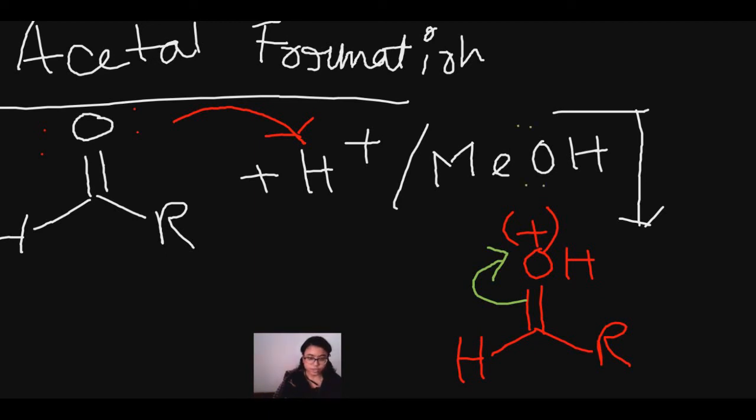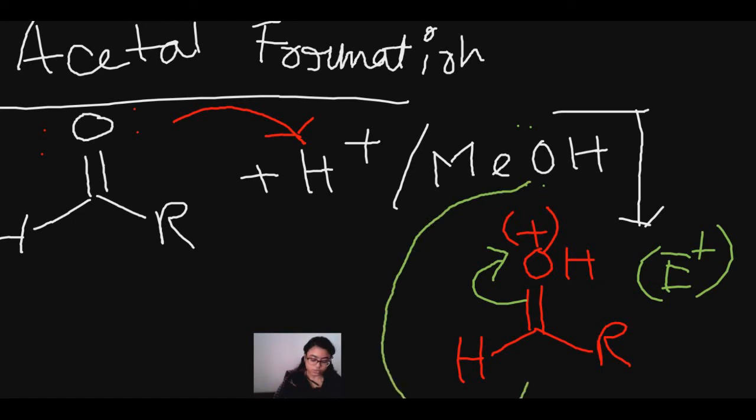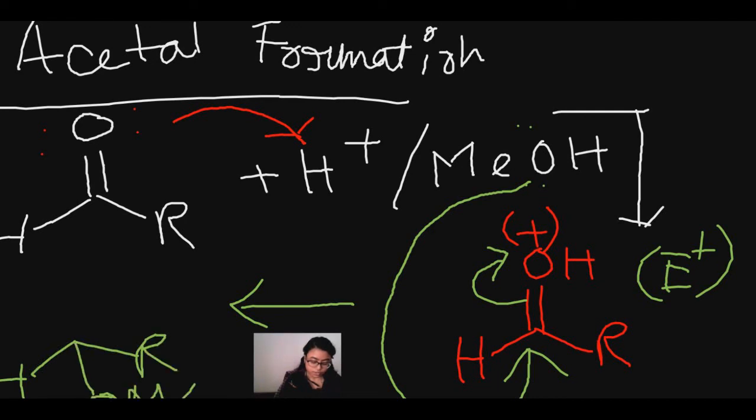Though the alcohol itself is a poor nucleophile, this carbonyl group is very much reactive, so it can easily attack the carbonyl center and open up the double bond. Then they will form H, R, OMe and OH.